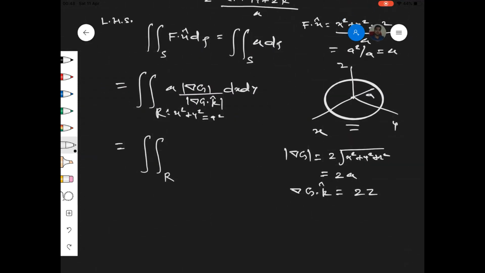So let's put these values in this integral, and we will get 2a dot 2a divided by 2z into dx dy.